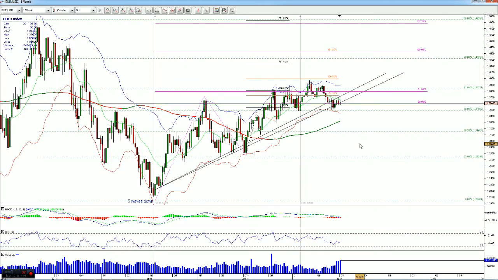If you check the current weekly candle, this is a slightly red candle which has an upper shadow, and we are below this moving average 20, and this is the Bollinger middle band. I had two support lines here.